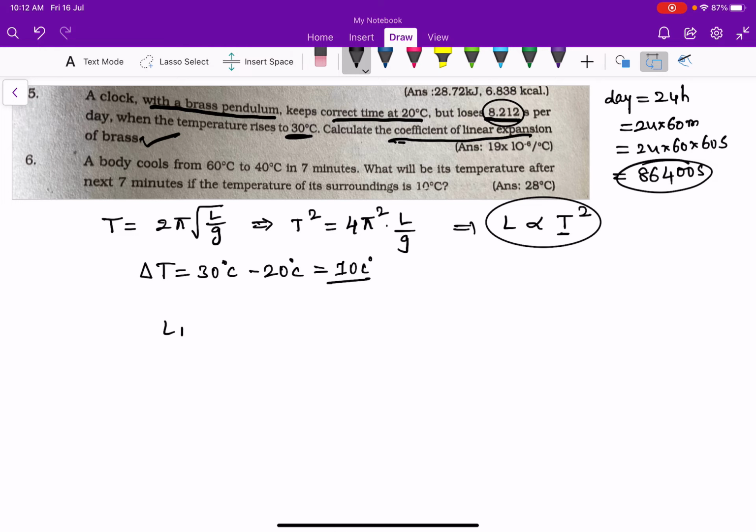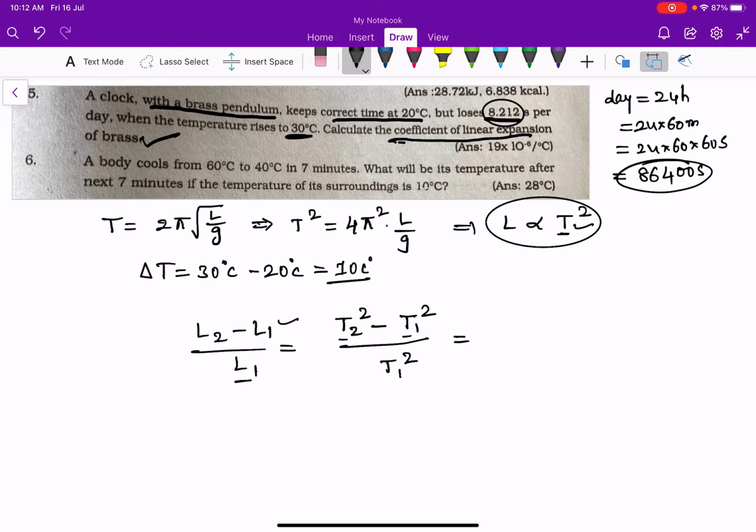So L1 by L2 is equal to, so here L2 minus L1 by L1 is equal to T2 square minus T1 square divided by T1 square, since L1 is proportional to T1 square.